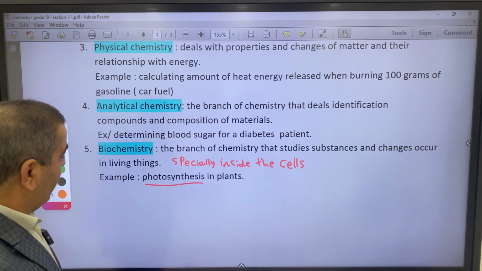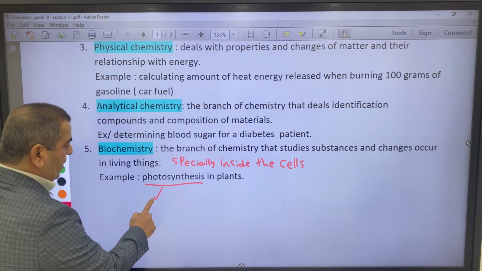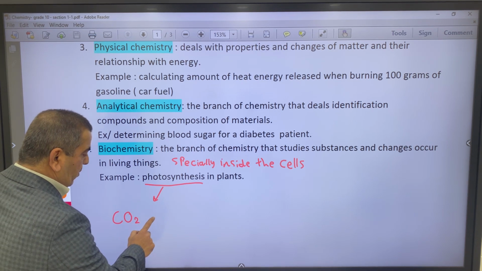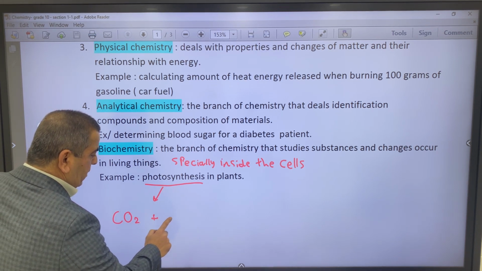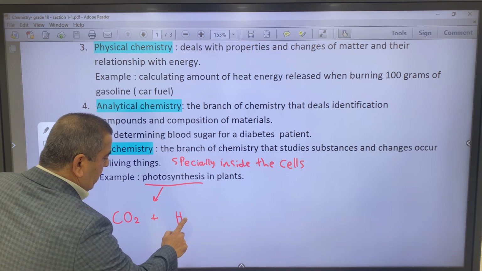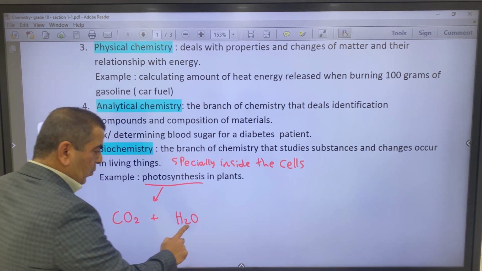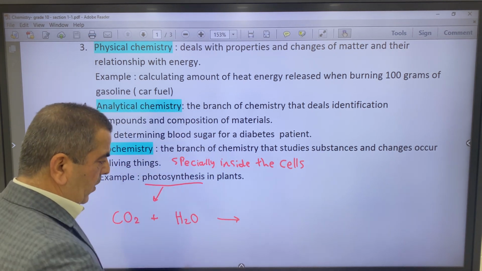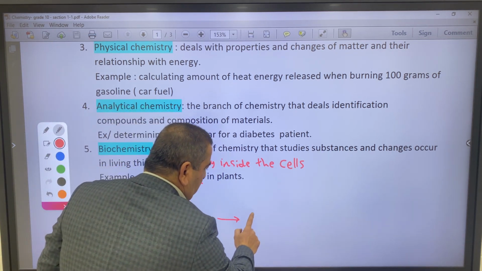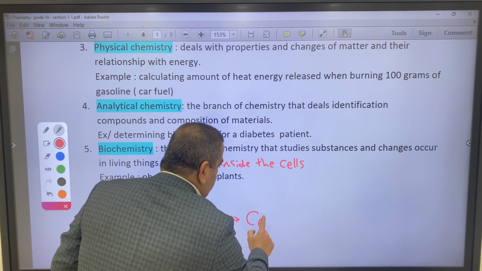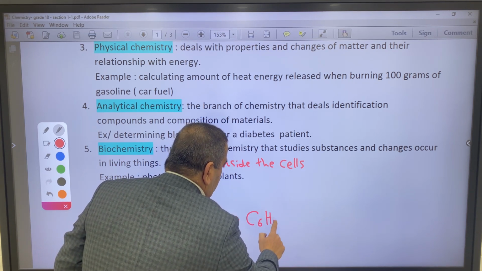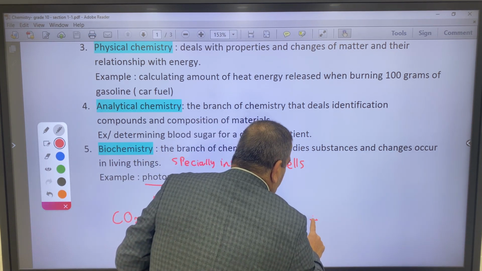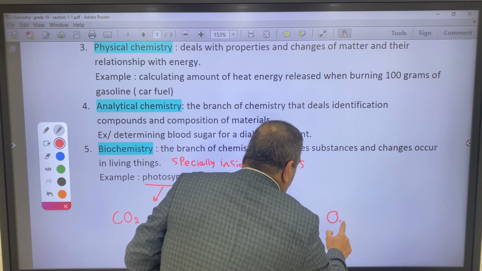Photosynthesis is when the plant absorbs CO2 from air and water from roots to produce sugar and oxygen. So for example, a glucose sugar, C6H12O6, plus O2, oxygen of course.